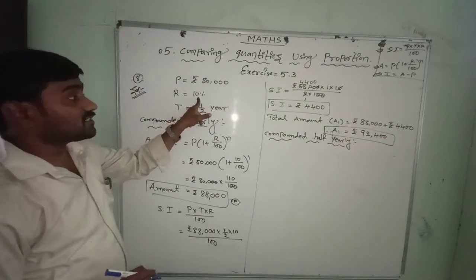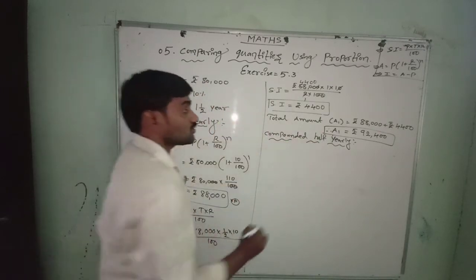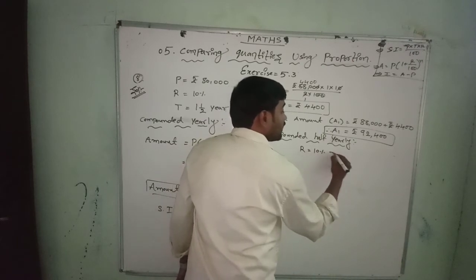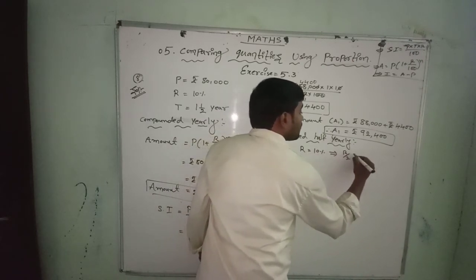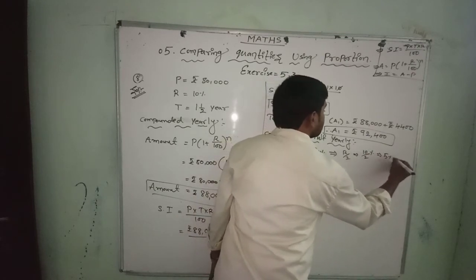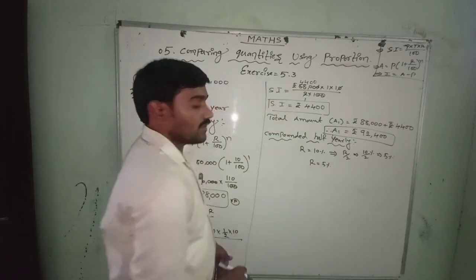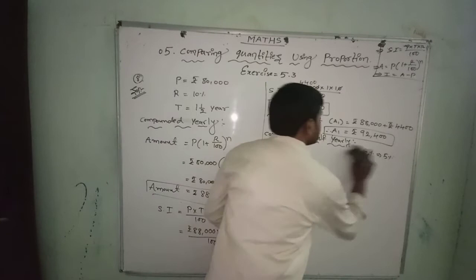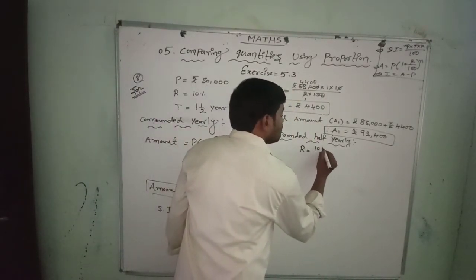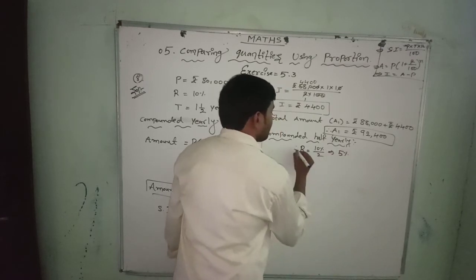Here the rate of interest is 10%, but since it is compounded half yearly, the rate of interest also becomes half. So r by 2 becomes 10 by 2, that is 5%. Therefore r equals 5%.